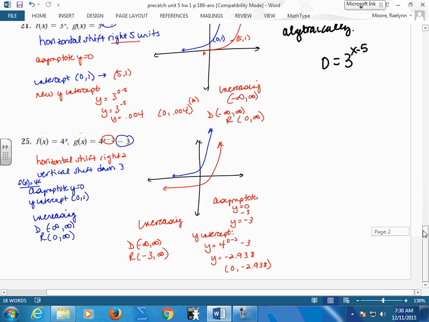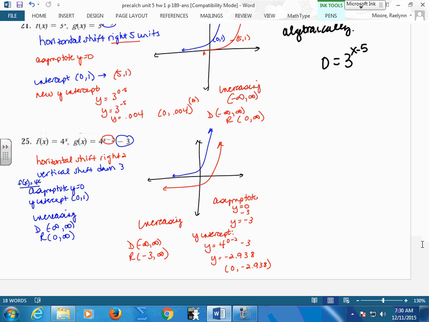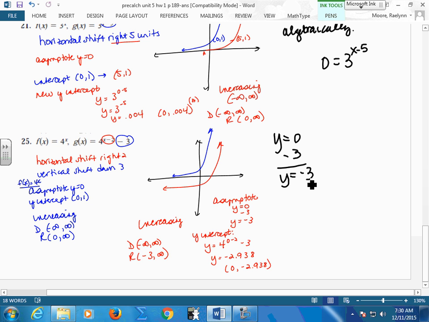And was there just two? Just two. Okay. So again, the first one took a horizontal shift to the right 2 and then down 3. So again, you changed your asymptote. Your asymptote, if it's easiest, starts like this, shift it down 3. Any horizontal change will not change it, but any vertical change will.